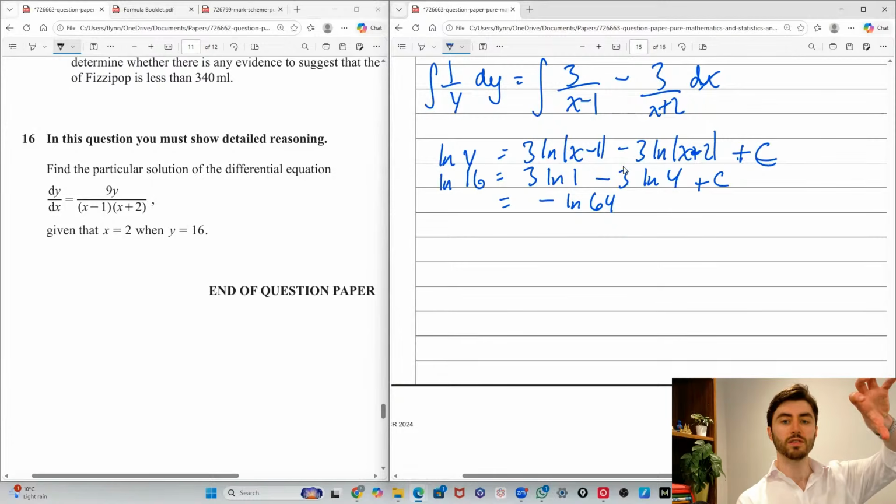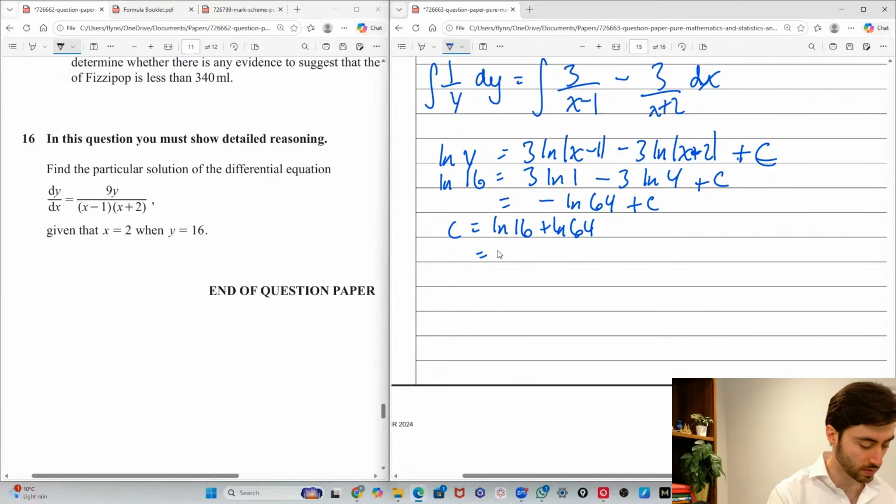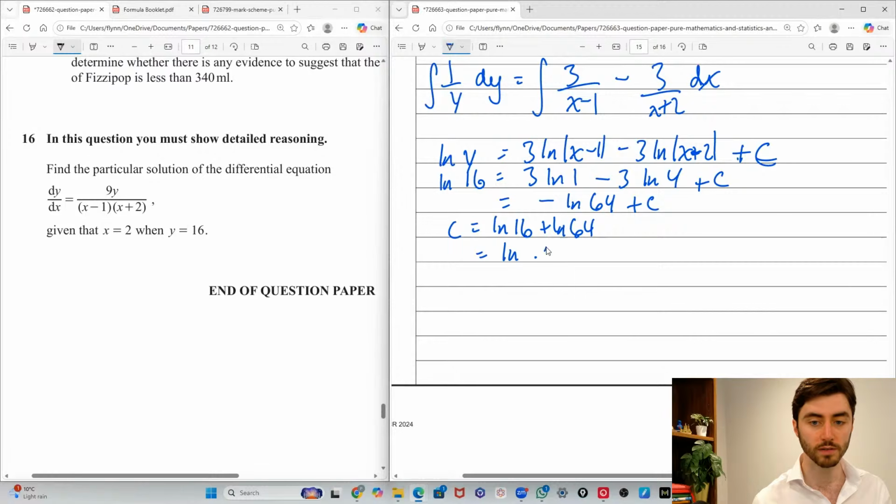Using your log laws, that 3 can be taken in and say ln of 4 to the power of 3, and 4 to the power of 3 is 64. So then c is equal to ln 16 plus ln 64, which again, using my log laws, would be the ln of 16 times 64. It would be ln of 1024.